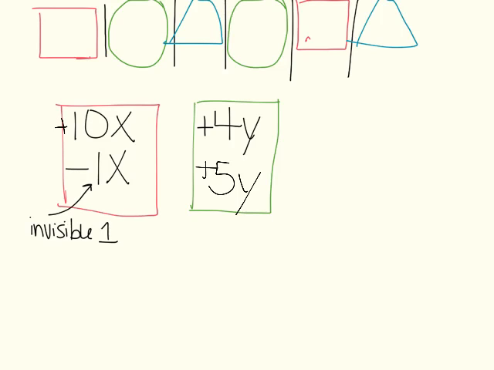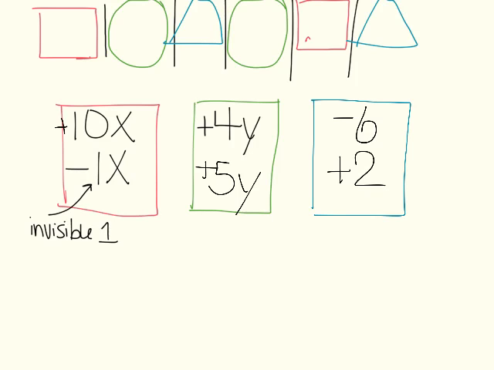And finally, we have our constants in the blue box, or blue triangles. So we have our negative 6 and our positive 2. Now you combine everything in the same box. So let's simplify this box. What's 10 plus negative 1? 10 plus negative 1 gives us 9x.